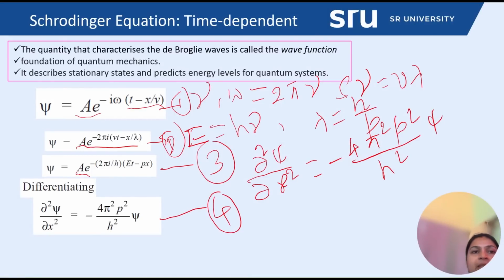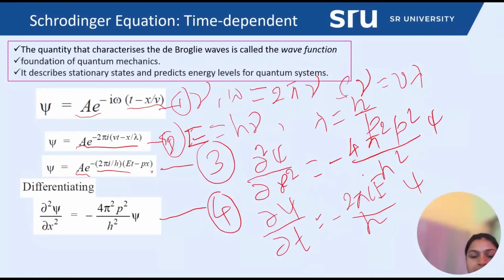So this is our equation number 4. Now if we differentiate equation 3 with respect to t only, then we can write del psi by del t is equal to minus 2 pi i E by h into psi, because we are differentiating with respect to t, only this part will remain.